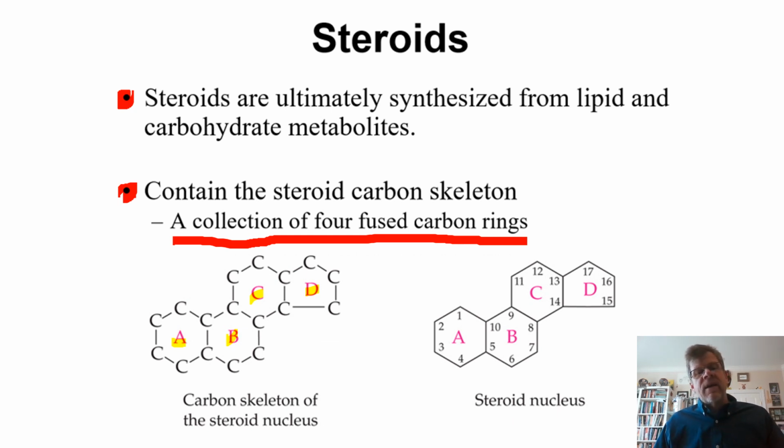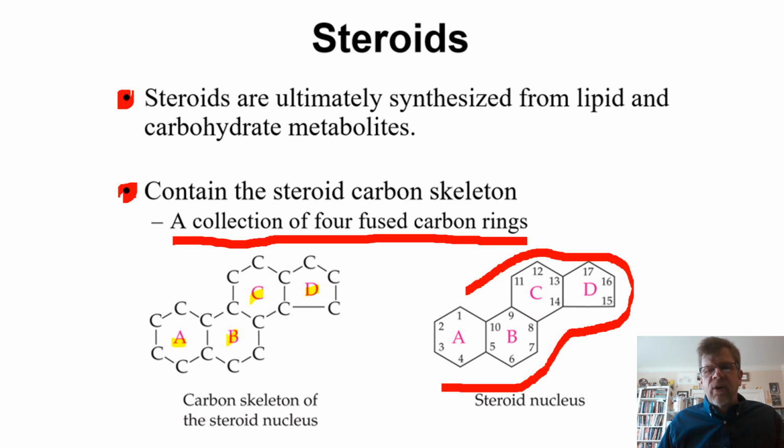But we find that they're very structurally different from any other type of lipid structure we've seen before. Over here on the right-hand side is another way of drawing this steroid nucleus, if you will. All steroids have this 6-6-6-5 ABCD ring or fused ring system.